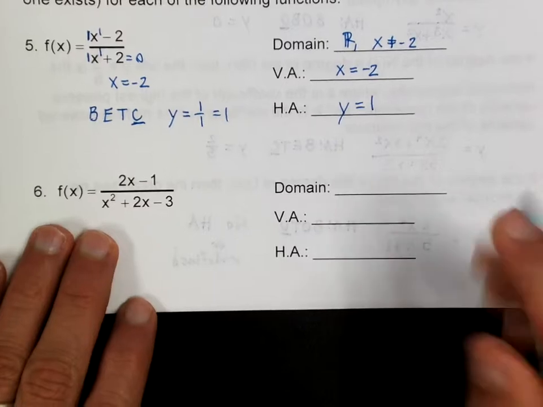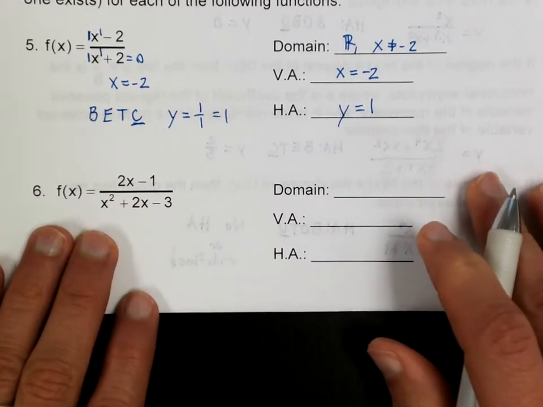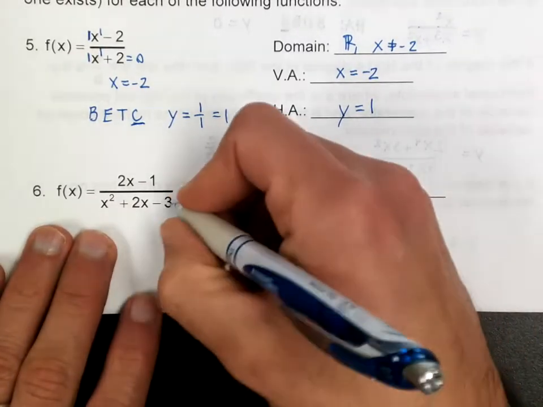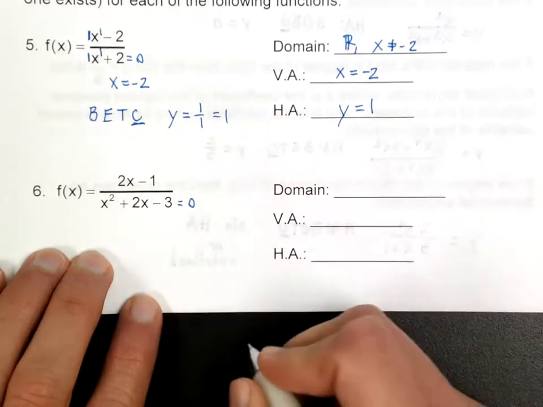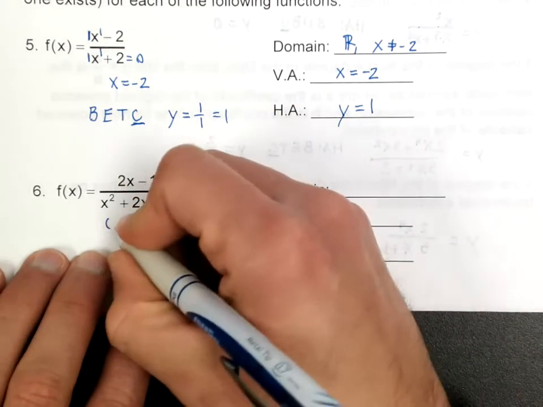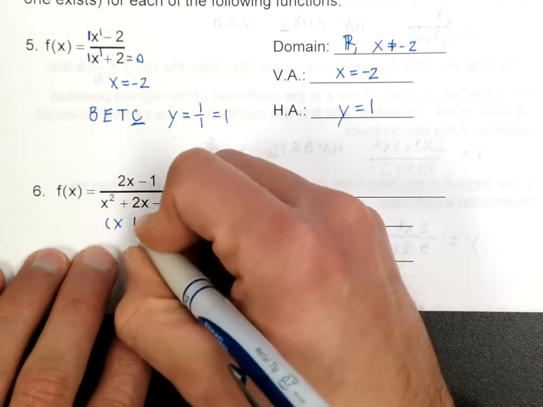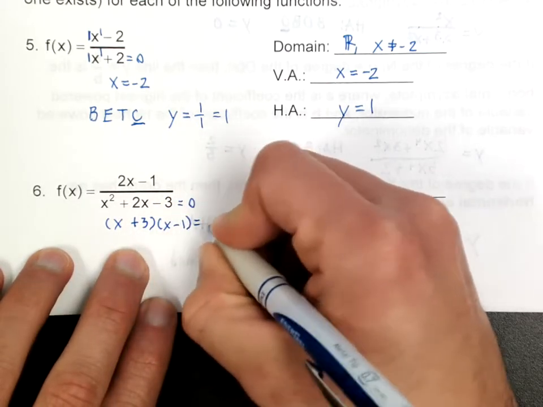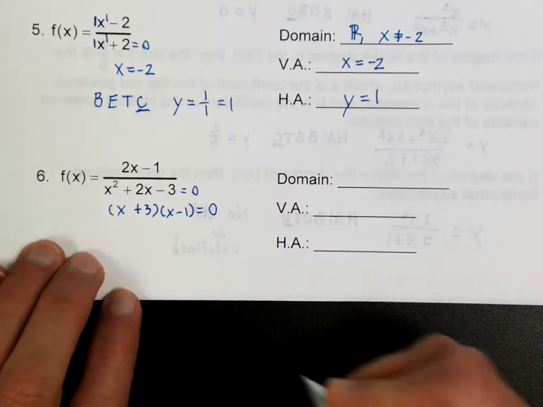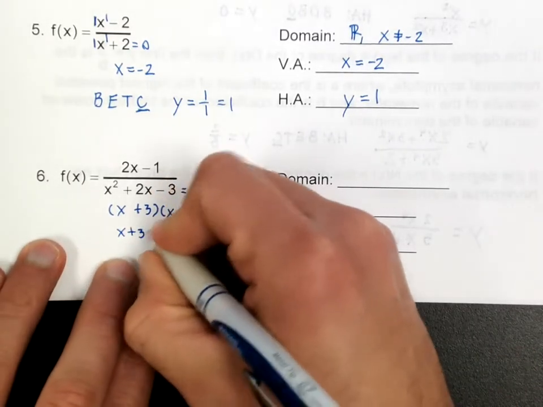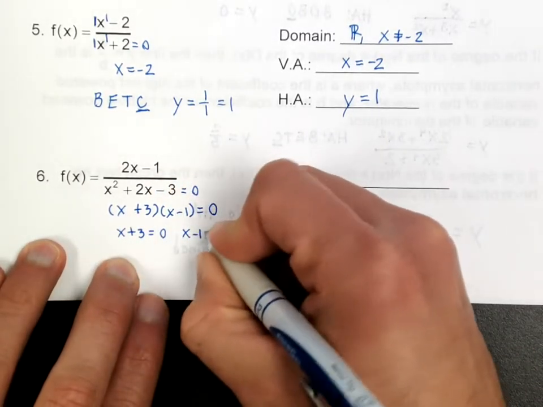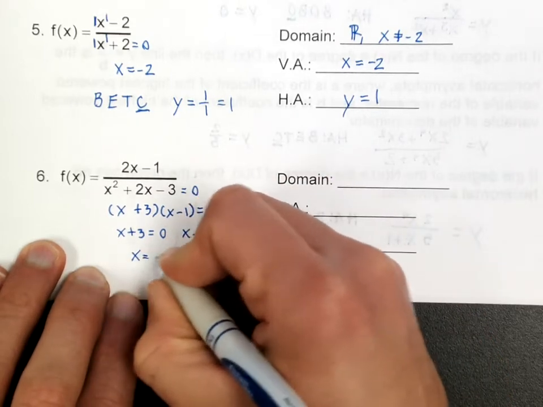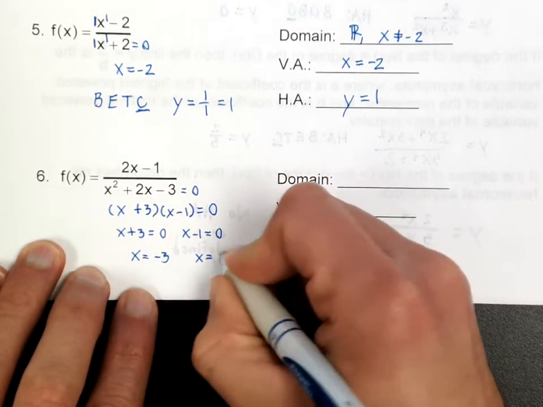Same idea. Remember, to find both my domain and my vertical asymptote, I have to set the denominator equal to 0 and then solve. In this case, that's going to be x plus 3, x minus 1. So you should be able to factor that. Then we're going to set each factor equal to 0. So you get x is equal to negative 3 and x is equal to positive 1.